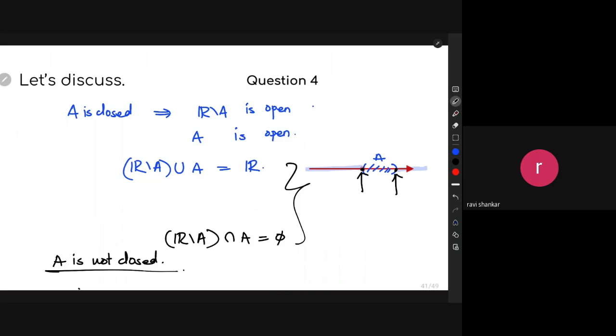So where R minus A is ending, the endpoints of R minus A, which are also not contained in A, are the limit points of R minus A, and limit points of A are going to match. And now because A is closed, it needs to be contained inside A as well, but it gives you a partition of R.